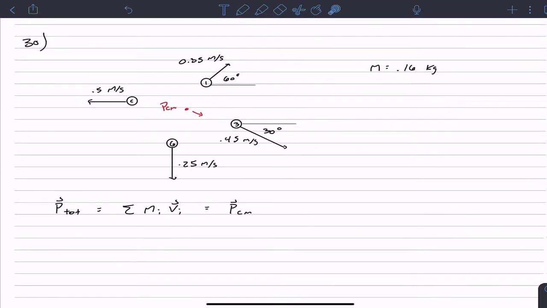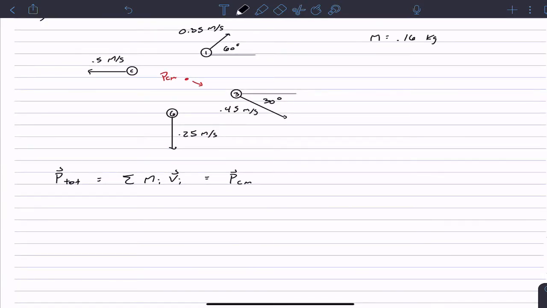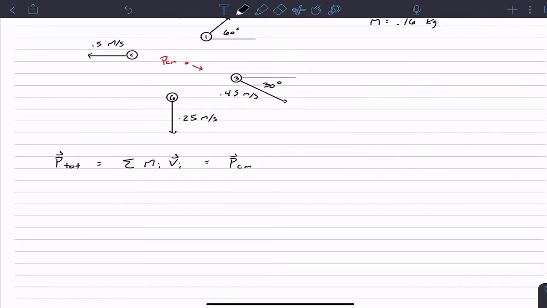And also, we're given that each ball weighs exactly the same. So that will be helpful for us. So let's find the momentum for each ball after the collision and sum that all up, because that's what we're asked to find. So momentum of the cue ball.